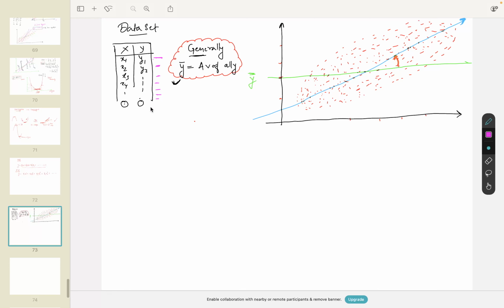Don't worry. But are you getting my point? Y cap, right? So for every value we have y average, and for every value we have y. So this y average is a constant for each and every x. So this will be a straight line parallel to the x-axis.